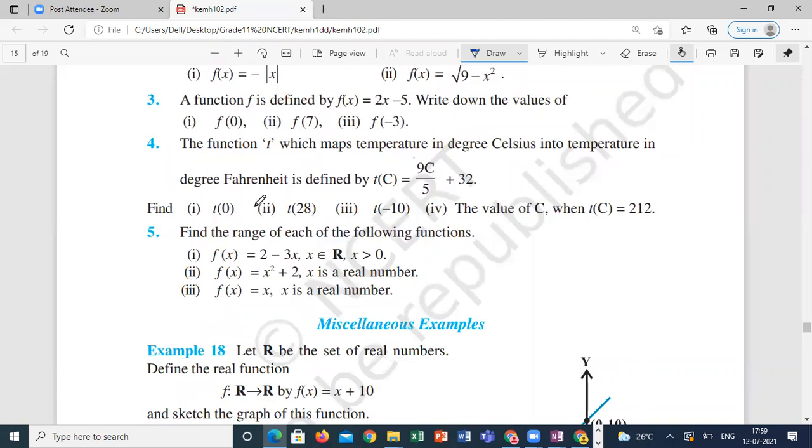What about the fourth question? T of C is defined by 9C by 5 plus 32. He's asking different values. So T of 0 is how much? 32. T of 28? 9 into 28 by 5 plus 32.